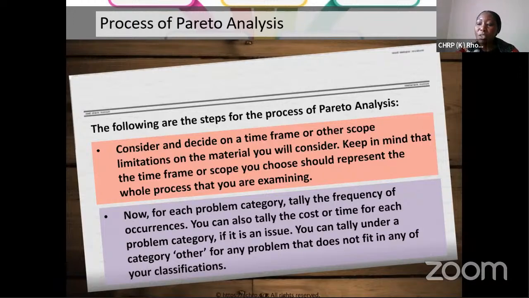So the first point is to decide on how you will classify your problems. You remember how we classify them? How do you cluster them? Once you make a decision on how you will classify your problems, that will be the first step. The next step will be to make a preliminary list of problem categories. And don't make too many.